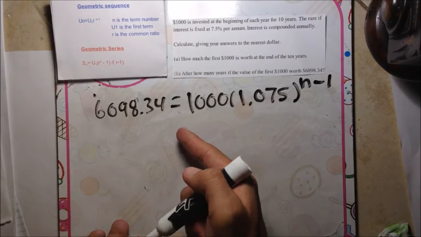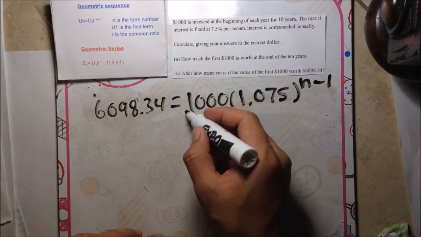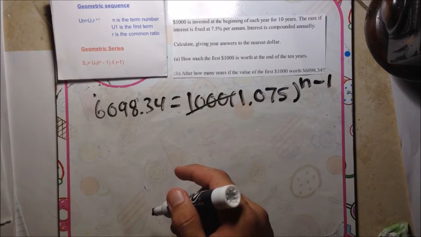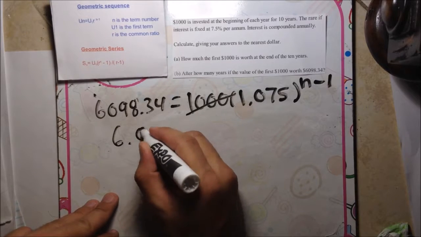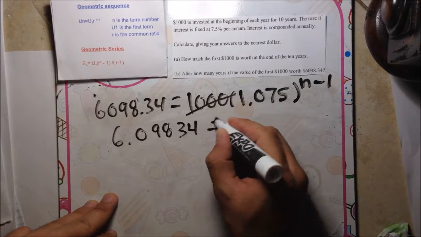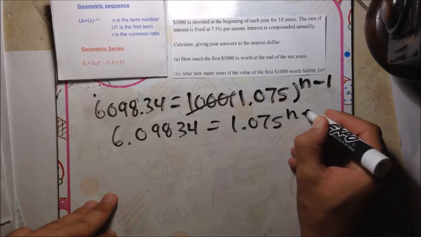From here we can simply divide both sides by 1,000 to make this simpler, which gives us 6.09834 equals 1.075 to the power of n minus 1.